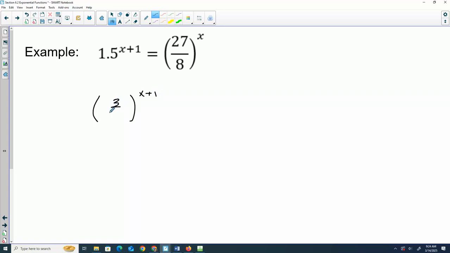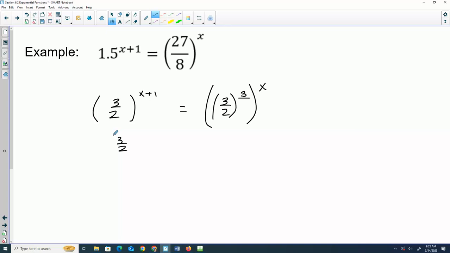3 halves. All right, can you write 27/8 as 3/2 to some power? -3. I think just +3. A negative would flip it. All right, and then that's still to the x.